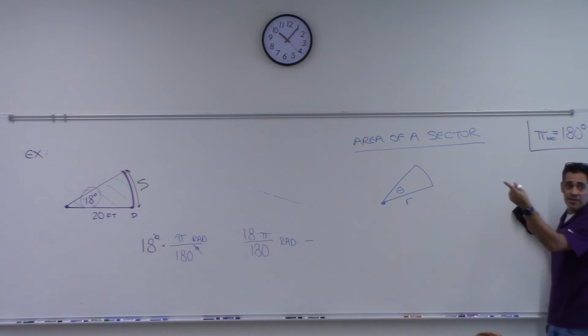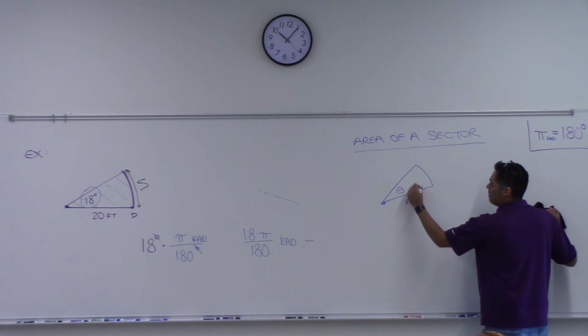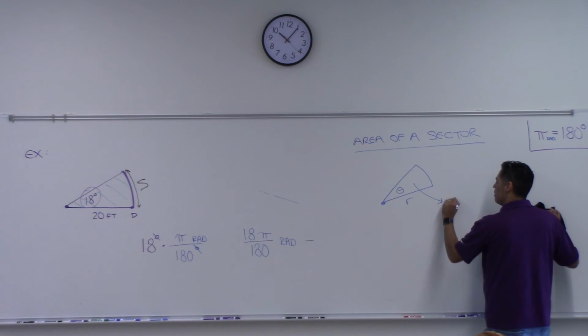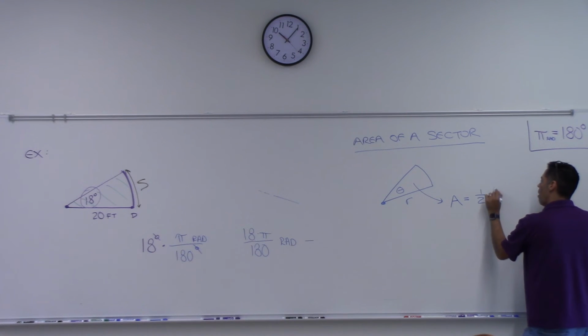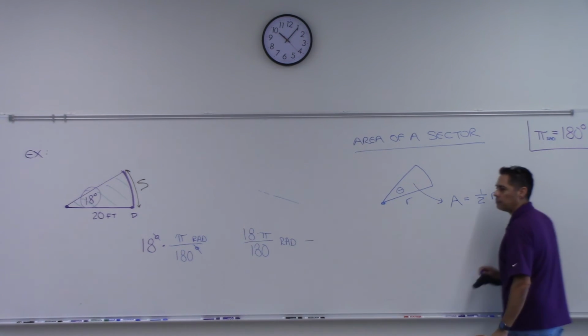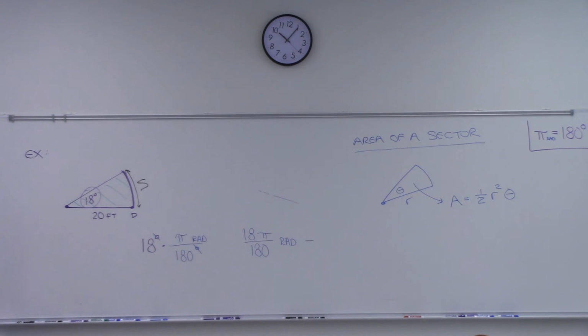That length was S, capital S. But now we're more interested in finding the area of that. The area of that is 1/2 R squared theta. That's your formula for area of a sector. I'm not proving that formula to you. You're taking it on faith. Calculus, we prove it.